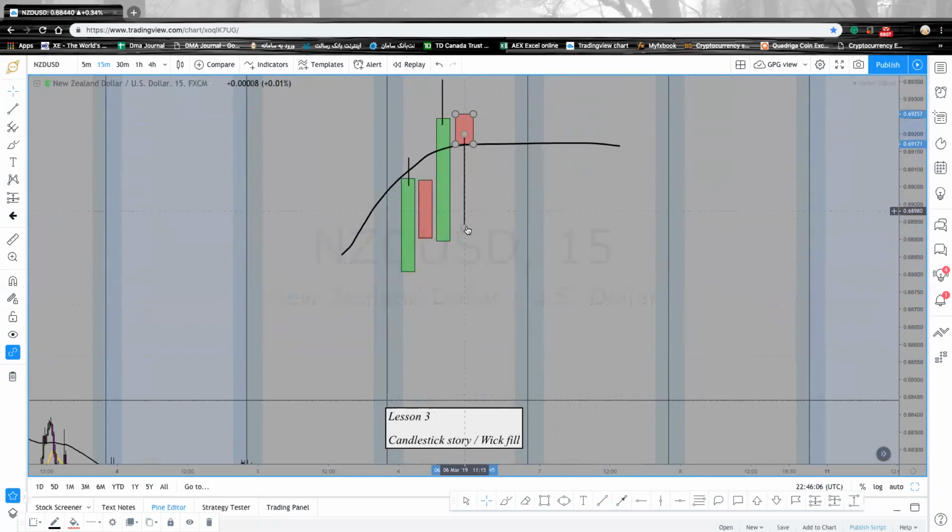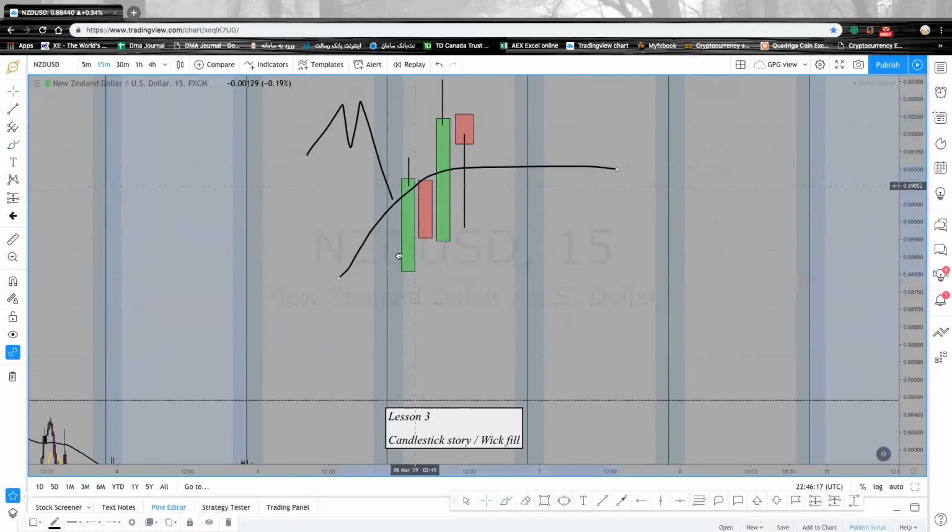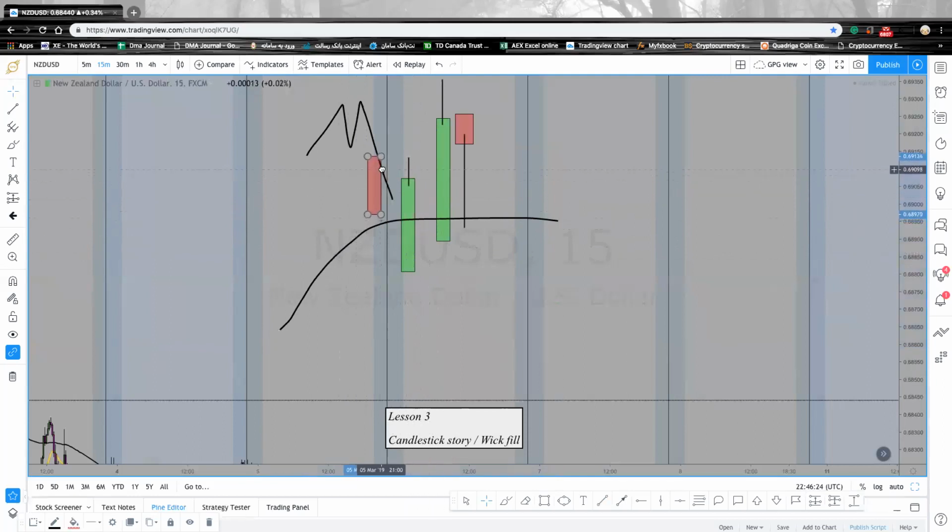What I mean is, let's say here was an M formation, price came down, okay, and here is our EMA. So imagine price came here, and then the next candle did this, and you don't see anything.